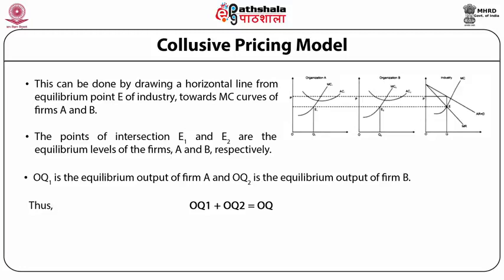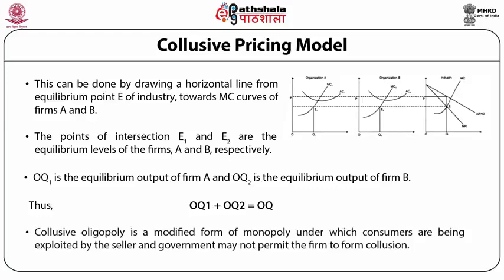These levels of outputs ensure the maximum joint profit of member firms. Collusive oligopoly is a modified form of monopoly under which consumers are exploited by the seller, and government may not permit the firms to form collusion.